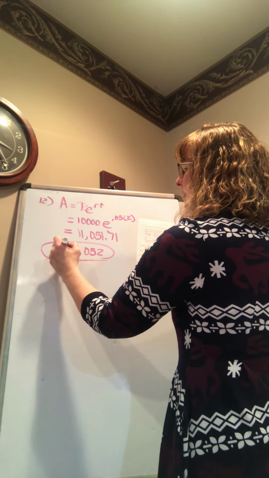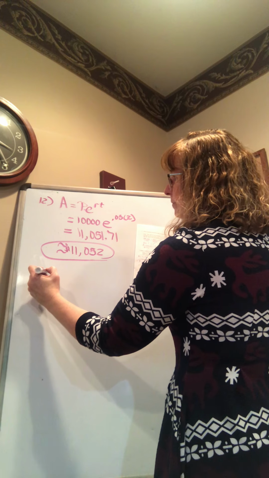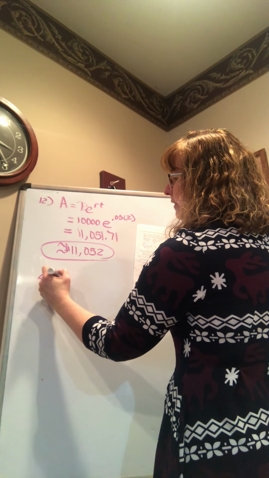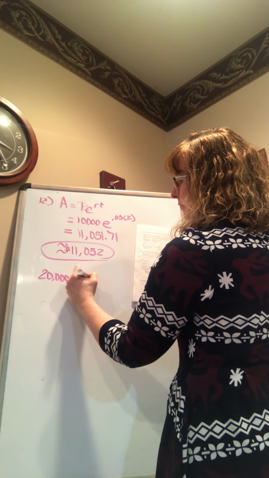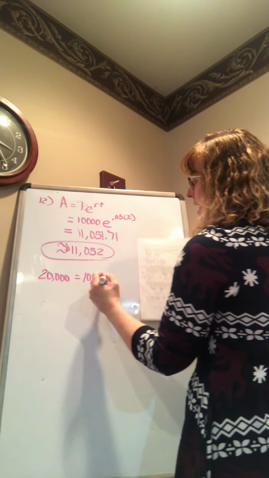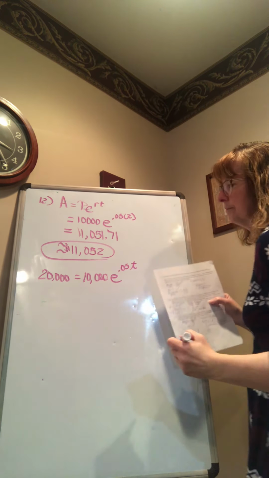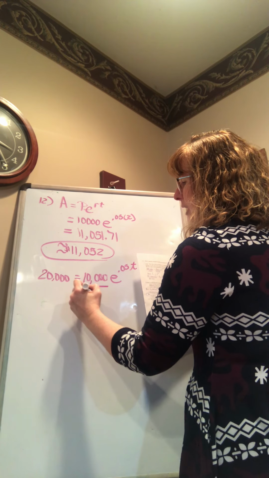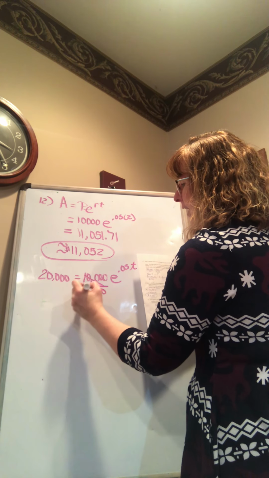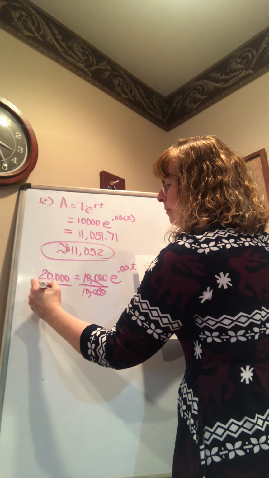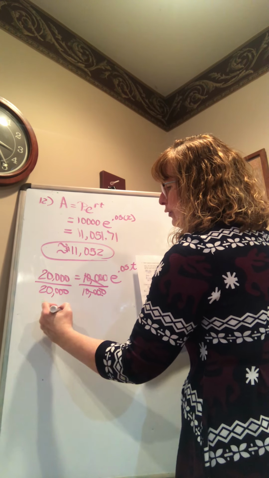Now part B, we want the money to double. So now we want 20,000 over here. The rate is still 5%, but now we need the time. So just like the problems before, I said, look at what happens. If I wanted the money to double, there's my 2 for doubling.